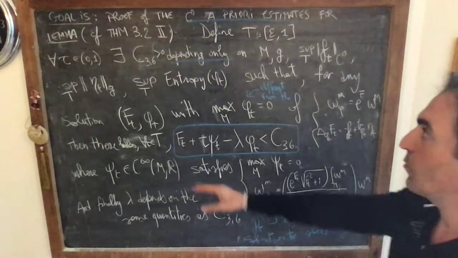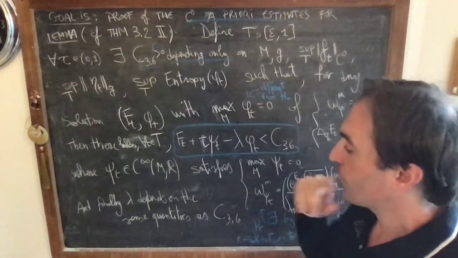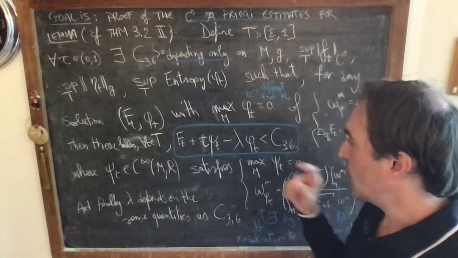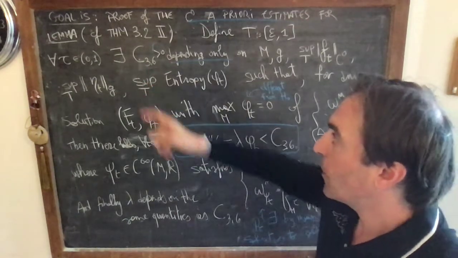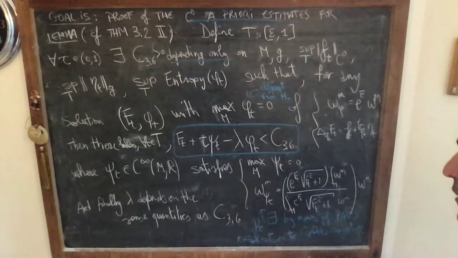Okay, lambda could have been presented together with 3.6 anyway. It's there. If we are not frightened too much from this statement, we can move forward to the proof of this lemma.